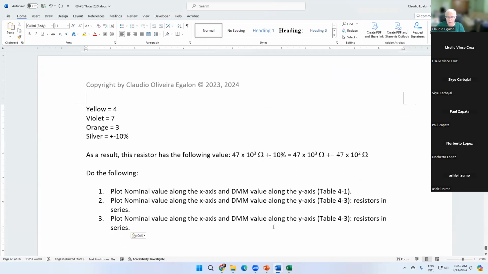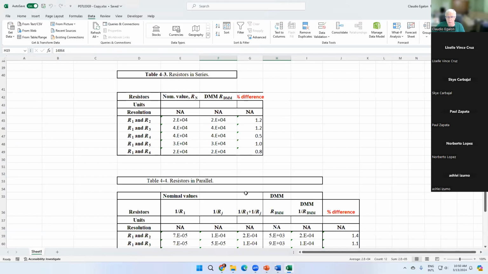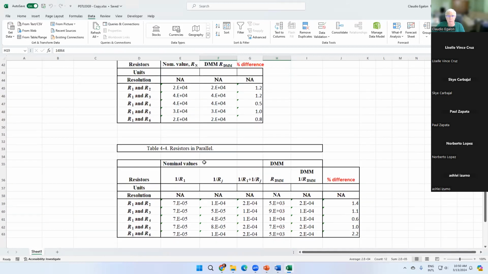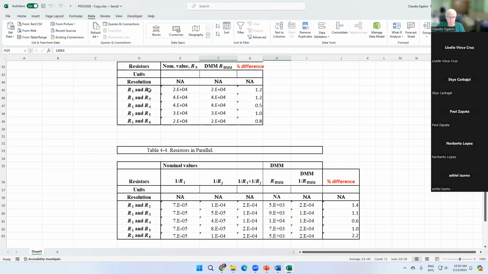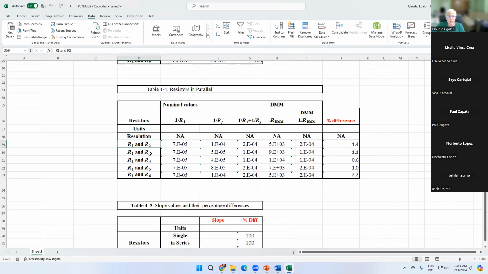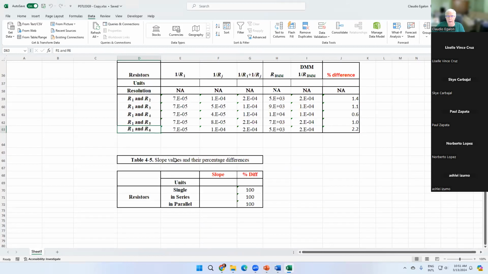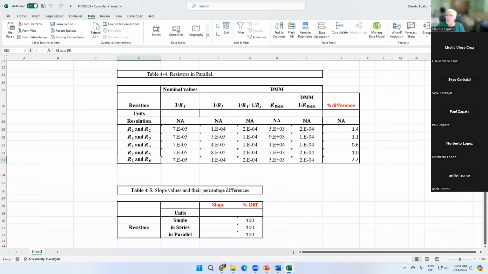Plot nominal value, DMM value along the y-axis for table 4-4. Notice that it's explicit here that R1 and R2 in series, R1 and R3 in series, and so on. Here is R1 and R2 in parallel, and so on. Okay. Let's do that.